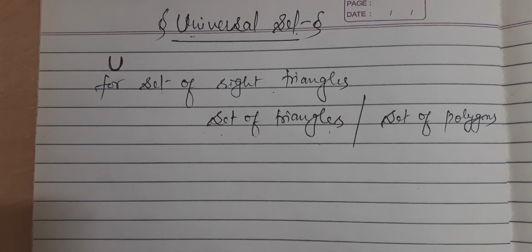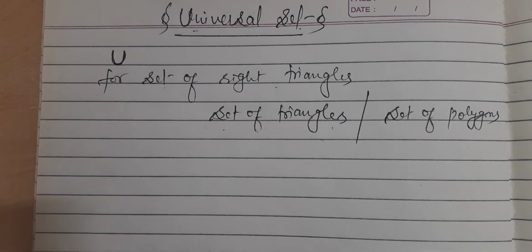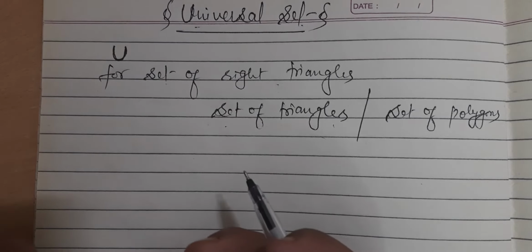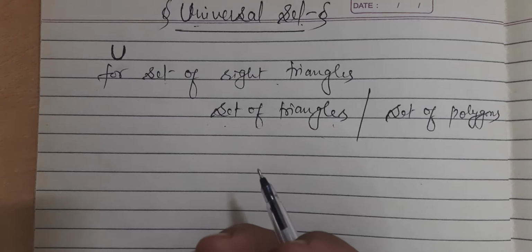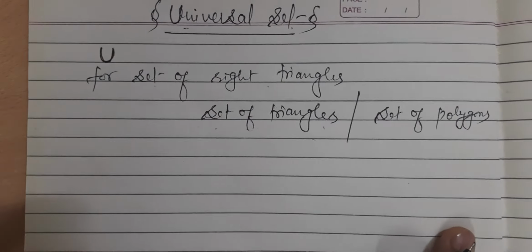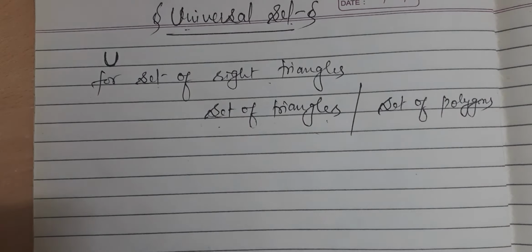Suppose we are discussing the set of isosceles triangles. Among the set of isosceles triangles, the universal set is the set of triangles, or the set of polygons, or the set of two-dimensional figures. So in simple words, the universal set is the biggest set.